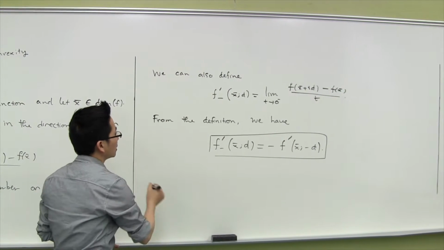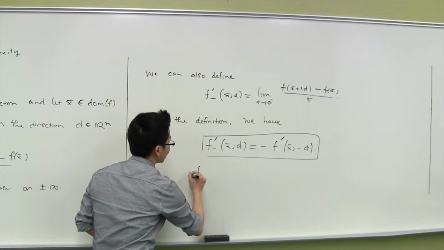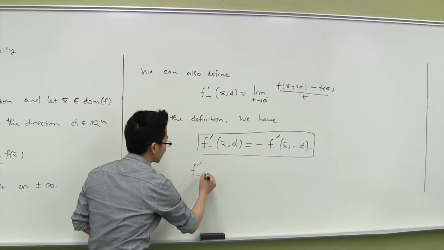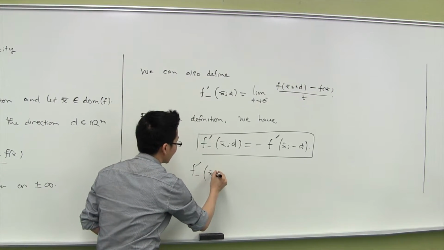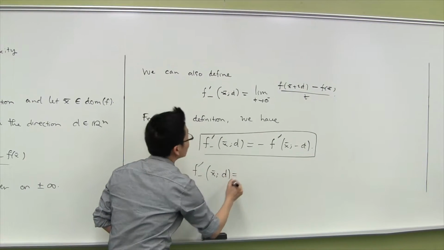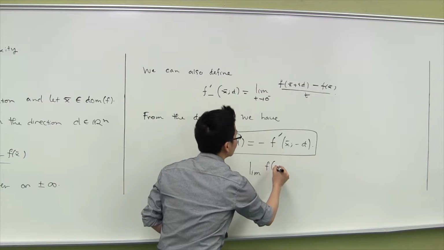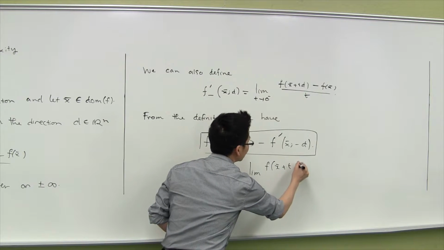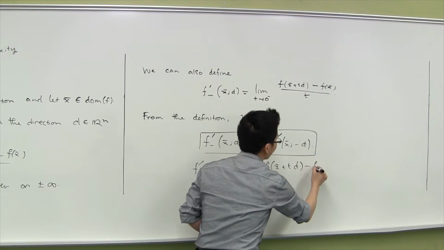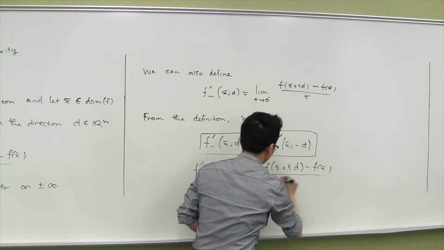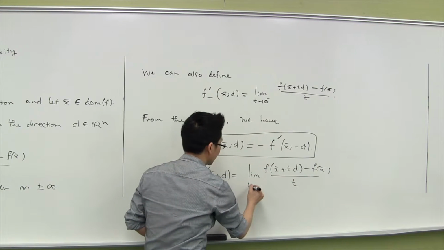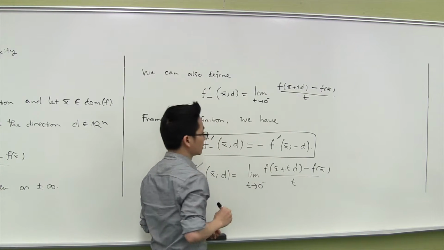Okay, so by the definition I can write like this: the left directional derivative of f at x bar in the direction d is equal to the limit of f of x bar plus t times d minus f of x bar over t, where t approaches 0 from the left.